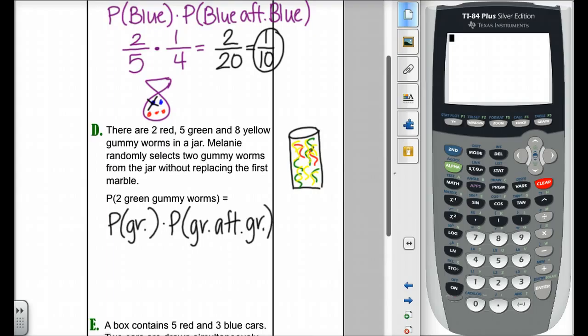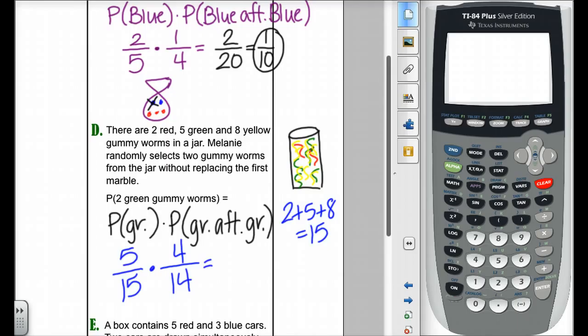So 2 plus 5 plus 8 is equal to 15 gummy worms that she has initially to choose from. We have 5 green, and then if she chooses a green, we're now down to 4 green out of 14 total gummy worms.